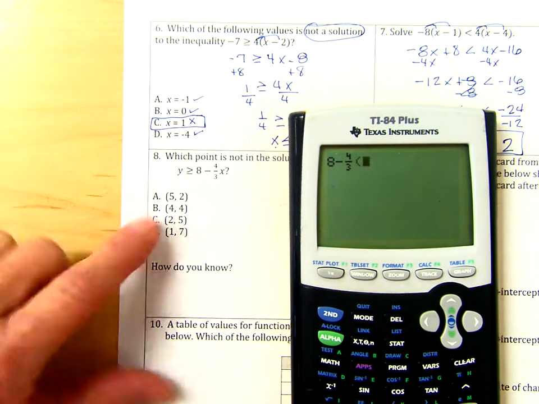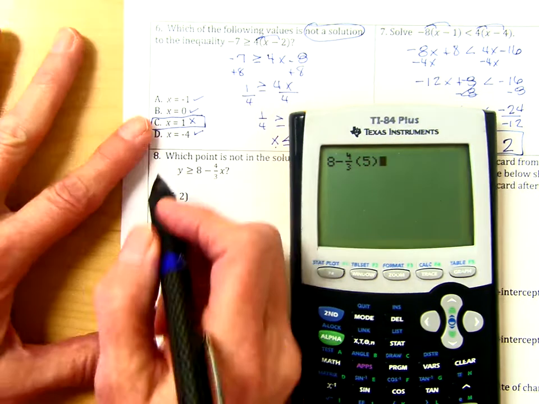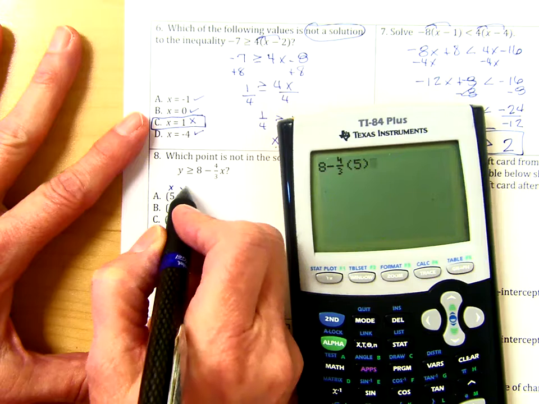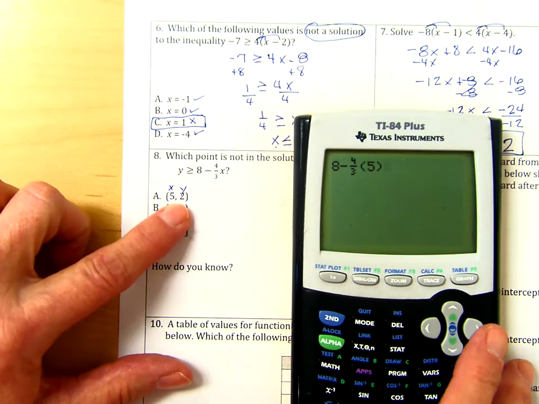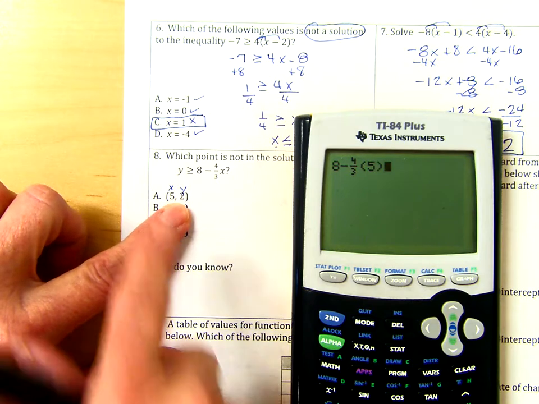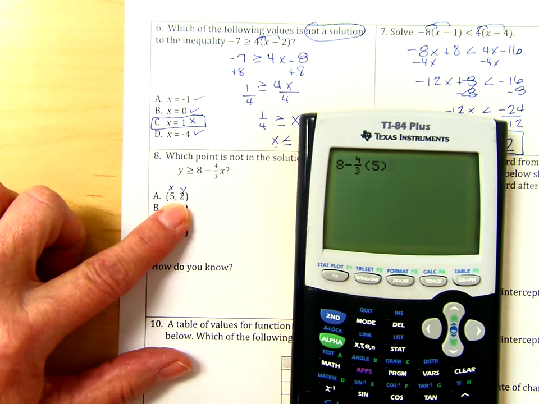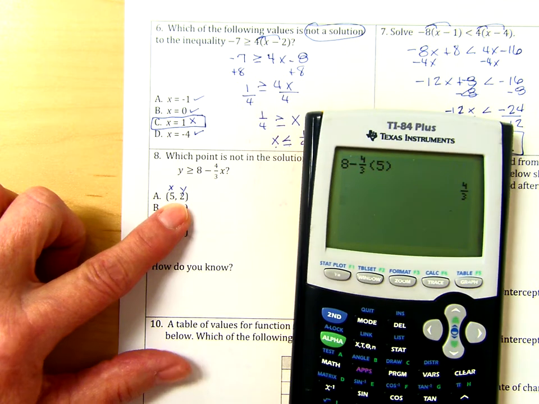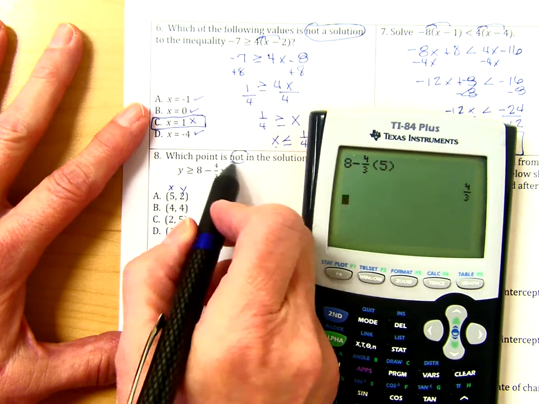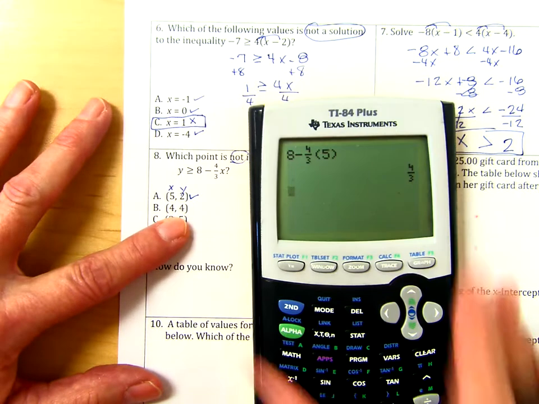Then we arrow over, and in that x we're going to put a 5. So what we're doing here is we're taking all of our x values and plugging them in and seeing if the number here is going to be smaller than 2, because it says that 2 is bigger. So we want a 2 bigger than what the calculator gives us. So in this case we have 4/3. Is 2 bigger than 4/3? Yes, it is. And remember, we're looking for something that is not in the solution. So this one works out just fine.